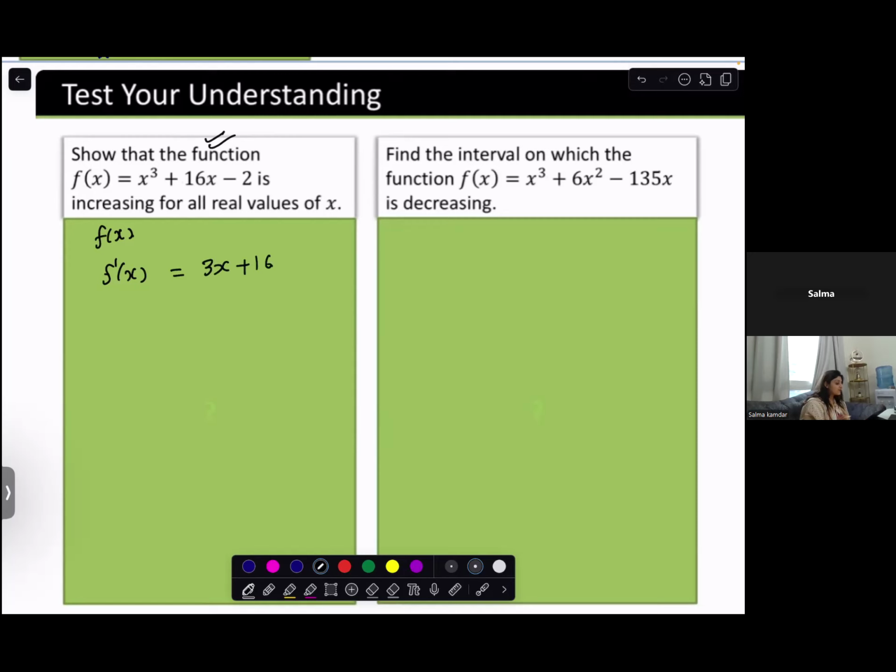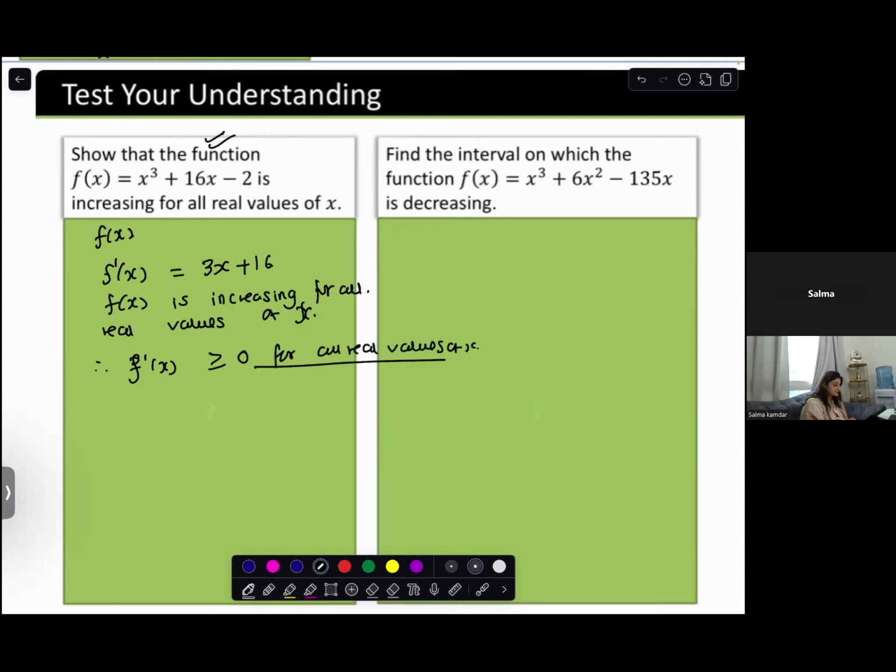Now they've told you that f of x is increasing. Write it along with me. F of x is increasing for all real values of x. Therefore, f dash x would be greater than or equal to 0 for all real values of x.